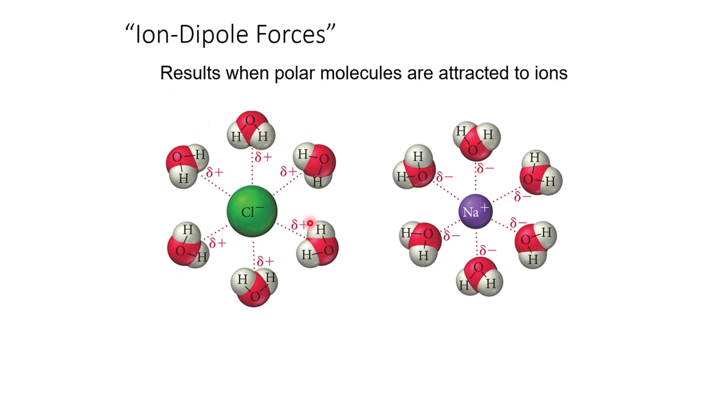The water bunches around the chloride ions, and then the water also bunches around the sodium ions, but it's the partial negative oxygen that is attracted to the sodium there. Okay, so this is how a salt dissolves in water, and this happens because the molecule with the permanent dipole is attracted to the ion, the fully charged ion.